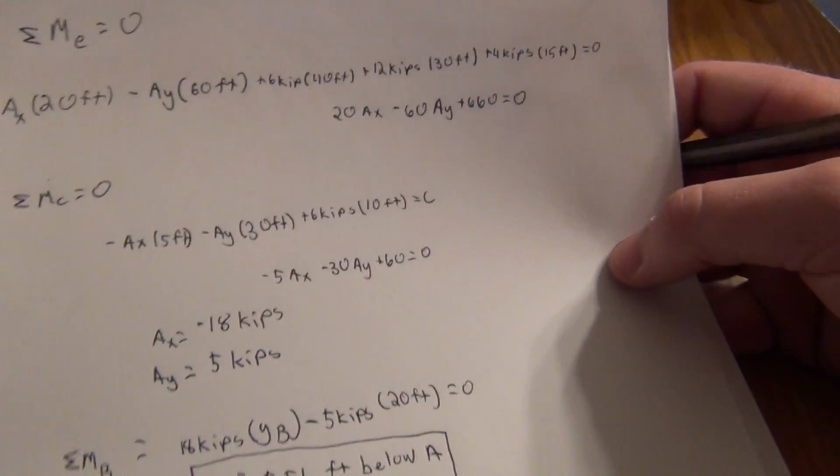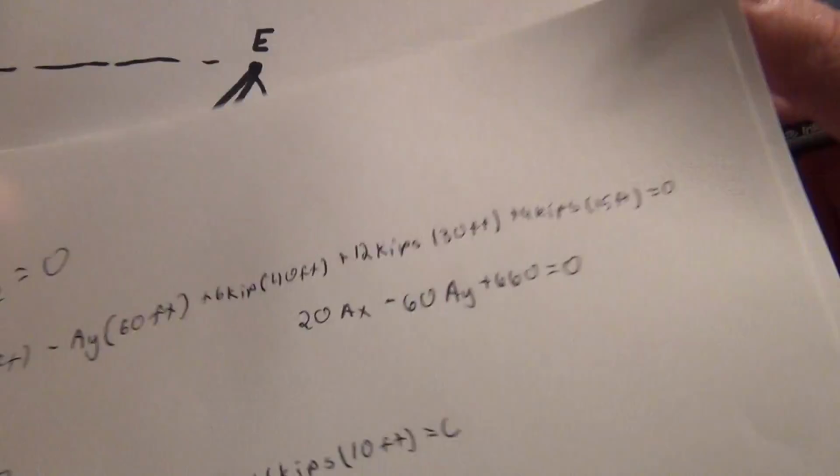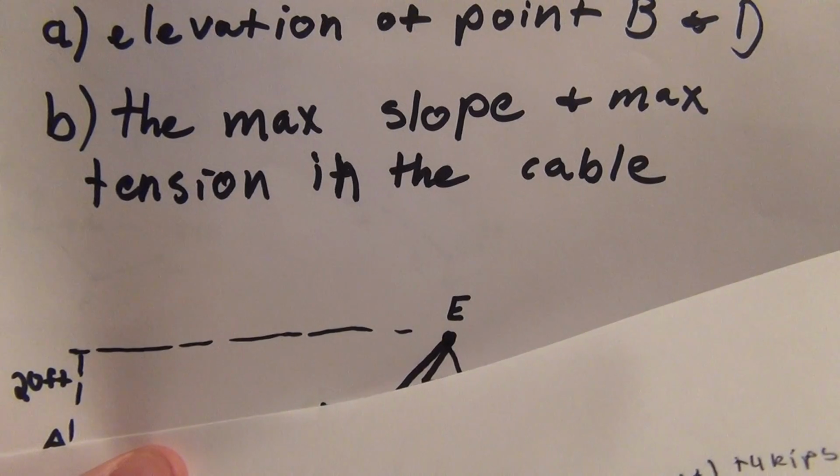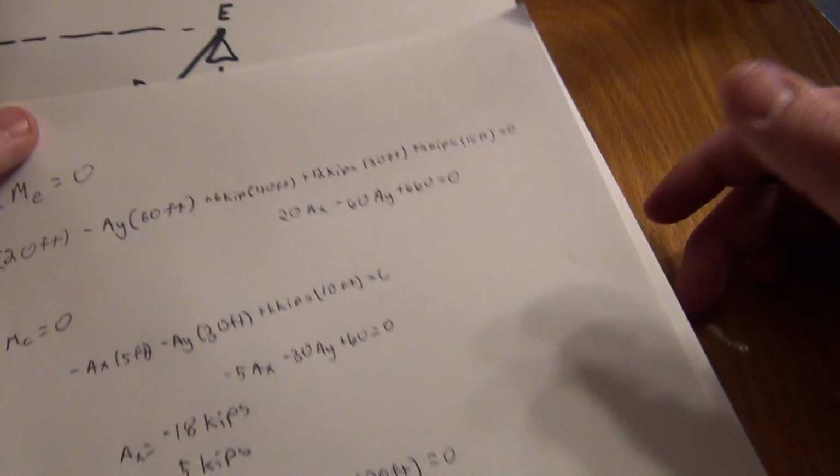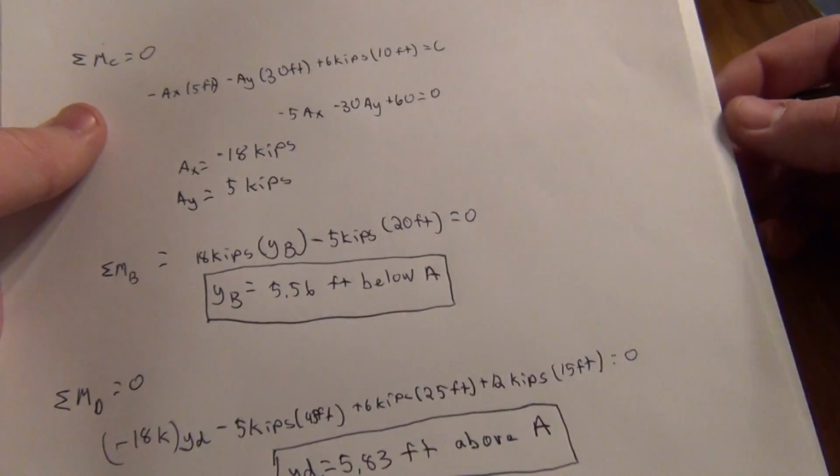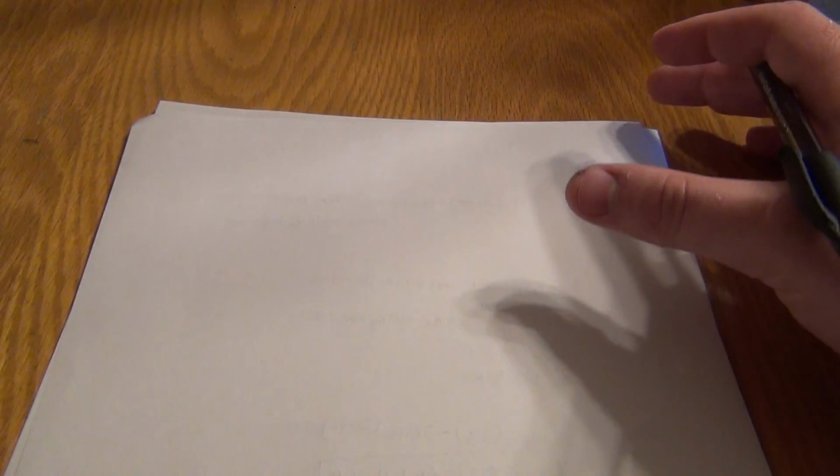Now, looking back, B wants the max slope and the max tension in the cable. So one of the things we know, and they give us, is that the maximum slope occurs in portion DE. So, this should just be a basic trigonometric problem.